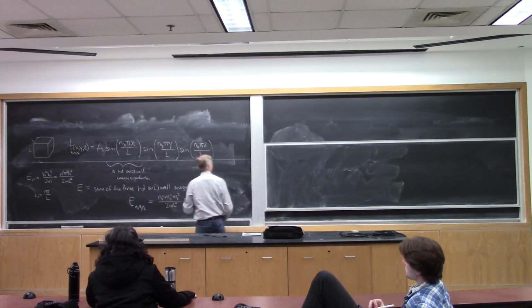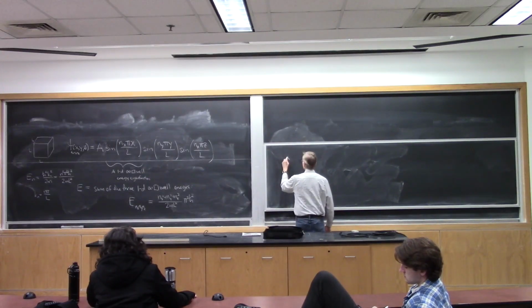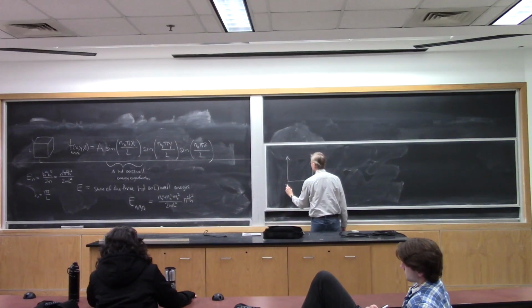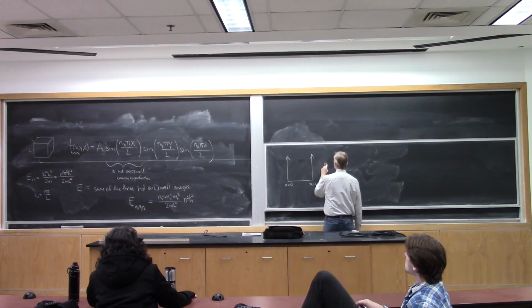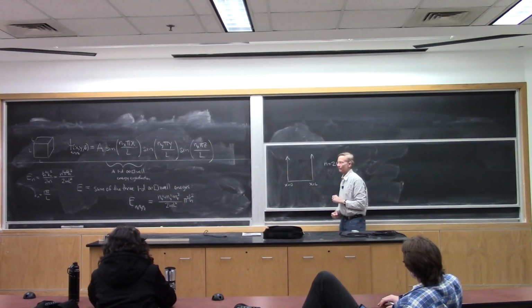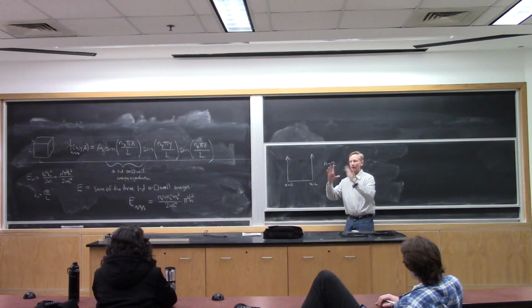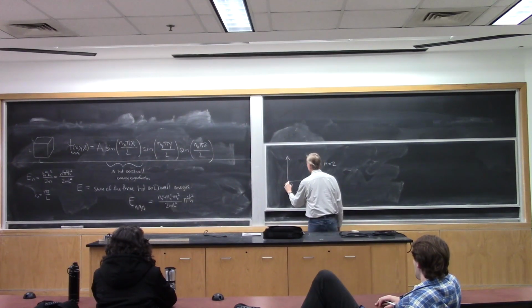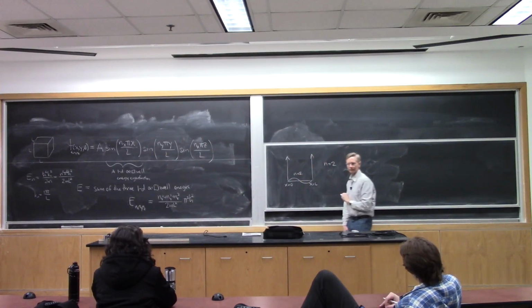So for the one-dimensional infinite square well, if I was just looking along the x direction, here's x equals 0, x equals L. If n was equal to 2, what would the wave function look like if you sketched it? Two humps, yeah, two humps, right? Because n is the number of half wavelengths that fit inside the well. So this would be the n equals 2 version, right?